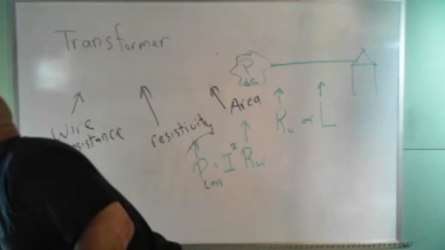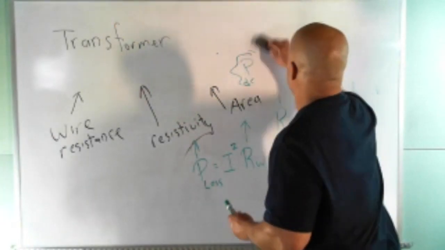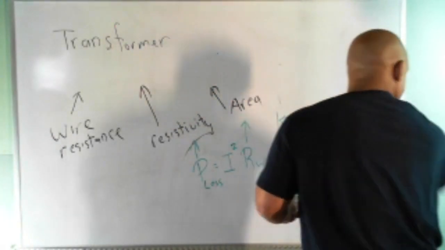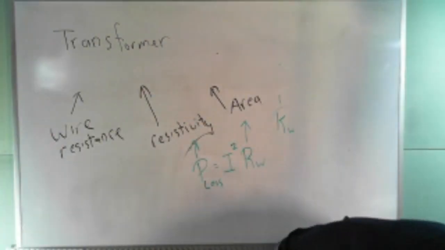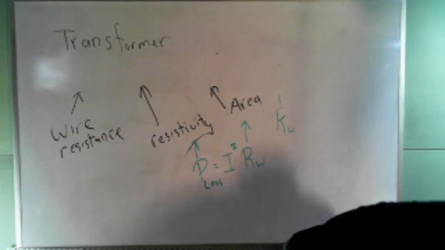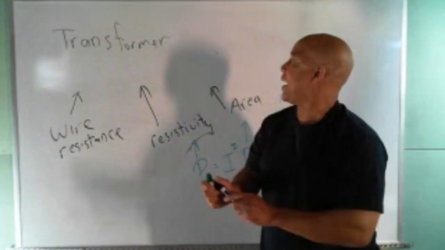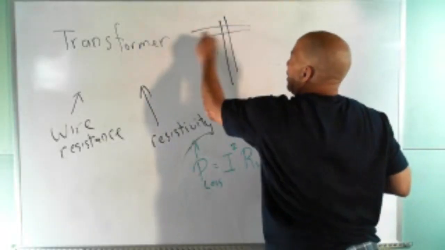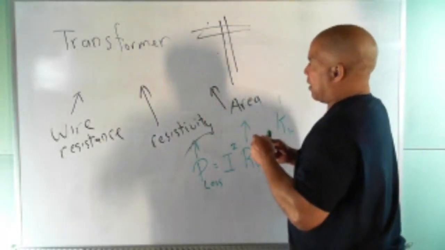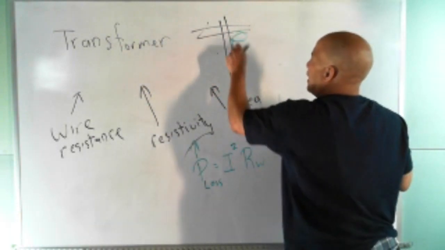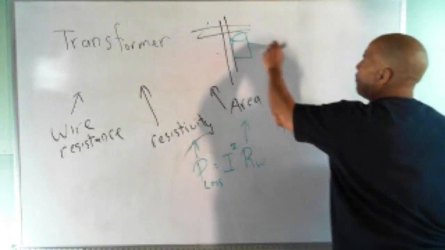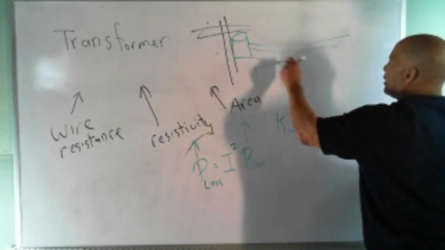You might not recognize it as a transformer, but if you go outside and look at your telephone pole, there's a big gray cylinder up there, and usually there are 3 wires coming from this over to your house.